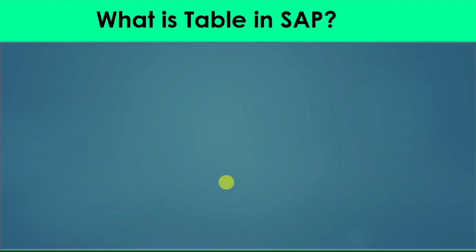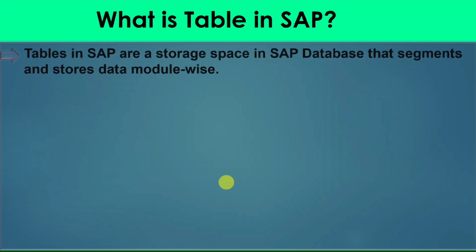So let's start with today's video, that is tables in SAP and a bit of structure. So first, what is a table? Tables in SAP are storage space where we can store the details that might be transactional data or master data or any kind of data.